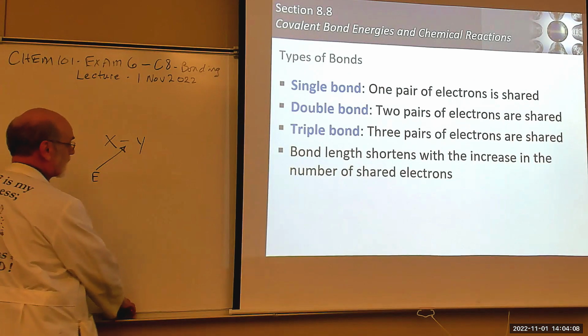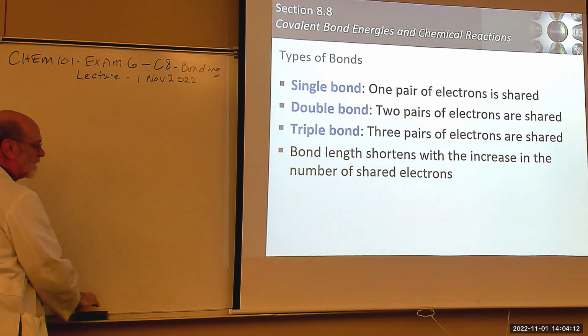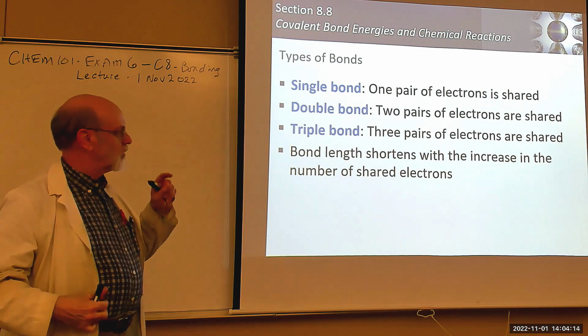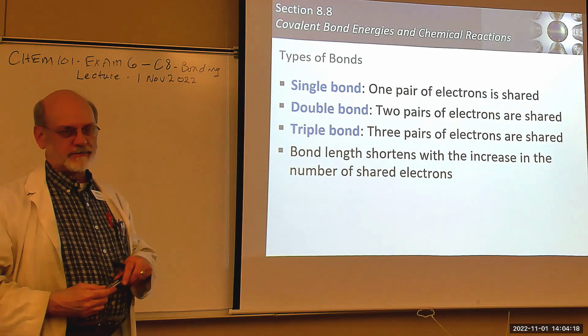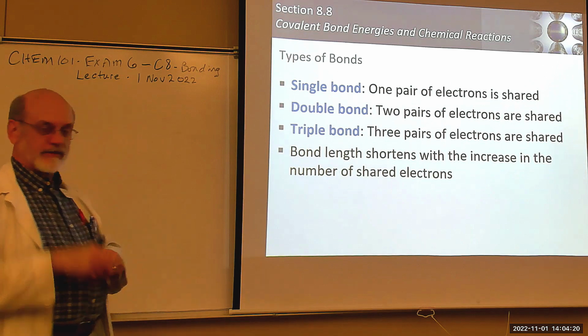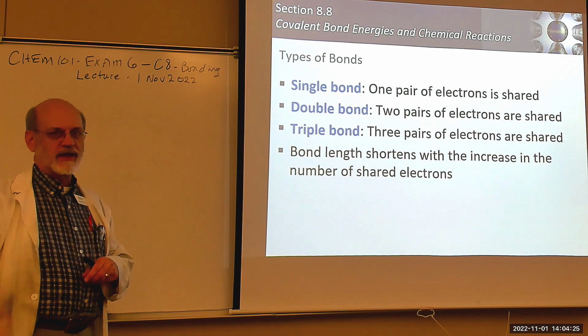Single bonds, now we're talking about covalent bonds. Single bonds share 1 pair of electrons, and we always write that as a single dash. Double bonds have 2 dashes, 4 electrons. Triple bonds have 3 dashes, 6 electrons.